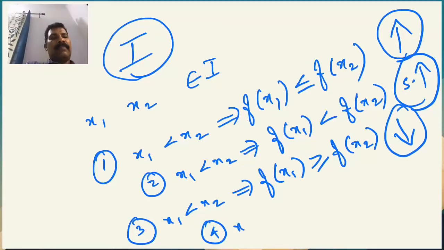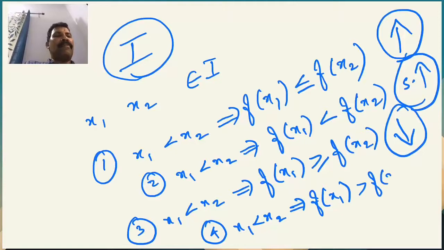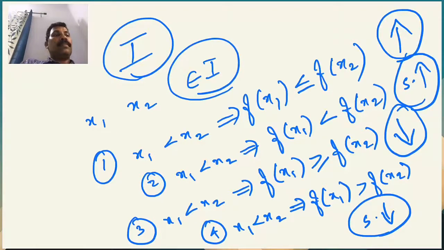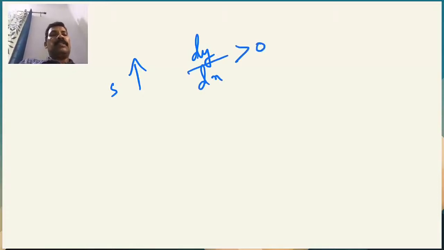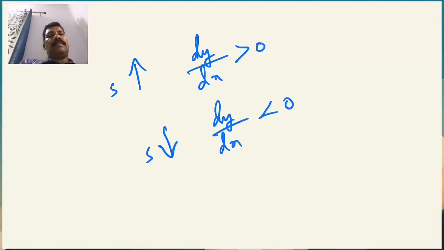And the last case, when x1 less than x2 implies f(x1) greater than f(x2), that is f(x2) is strictly less than f(x1), then the given function is strictly decreasing. And according to calculus, strictly increasing means derivative is positive, and strictly decreasing means derivative is less than 0.